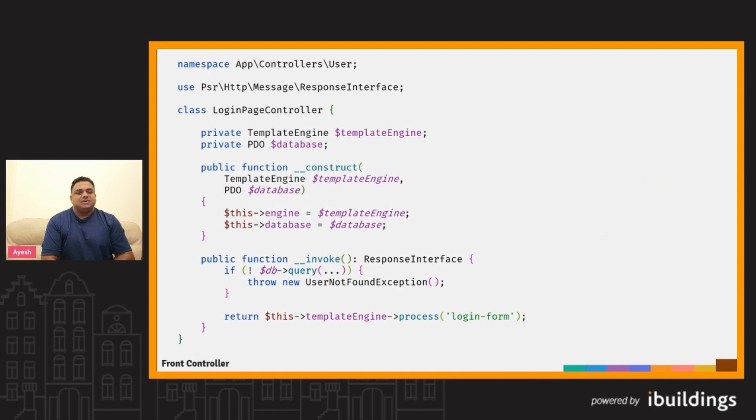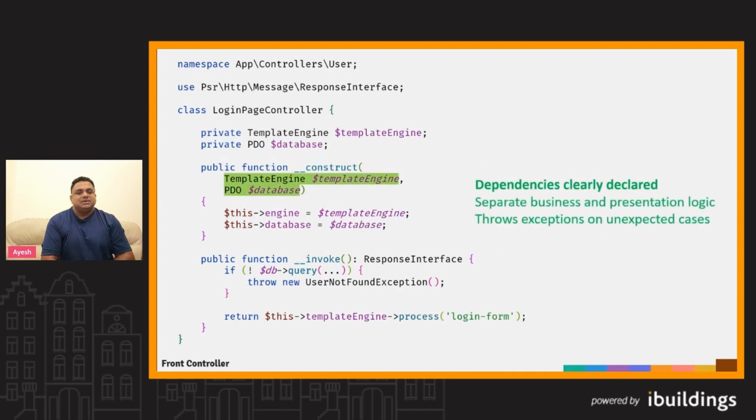So in the login page controller, you can declare all of the dependencies we need. We separate the business logic from the presentation logic, so this is strictly handled by the template engine, and we throw exceptions where appropriate.